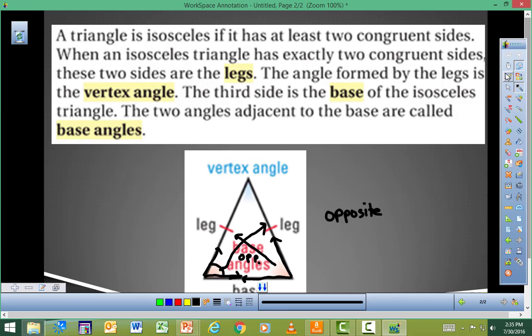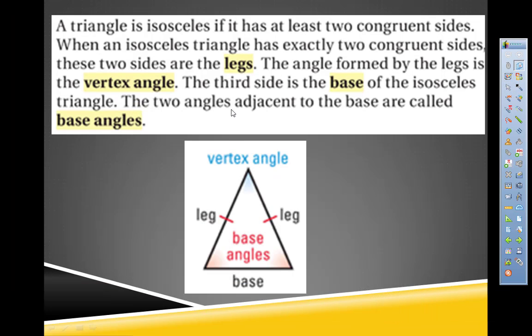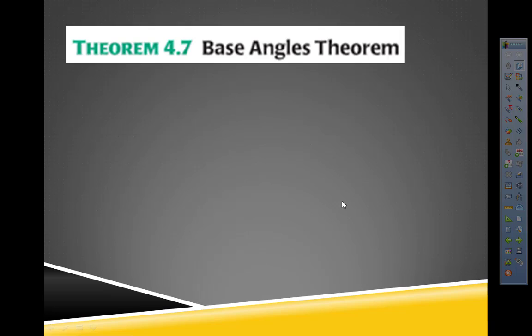So now that we have that idea, let's go back and read this. The two angles adjacent to the base are called base angles. The base angles we're going to find out are congruent, and they're always opposite of the sides, or the two legs. We'll see that in just a little bit.